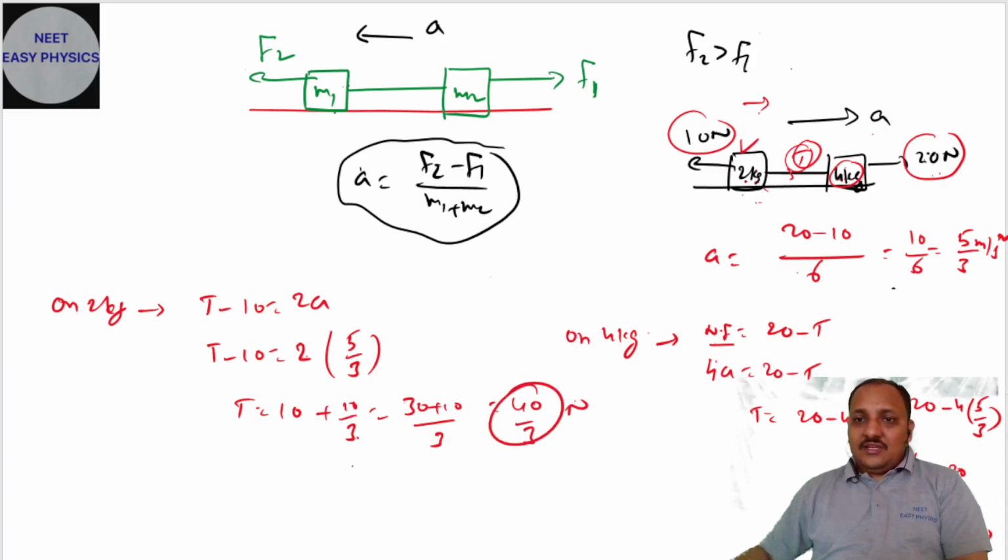See here, 2 kg is moving right side, therefore right side force is more, so we did T minus 10. 4 kg is moving right side, therefore we did 20 minus T equal to 4A.